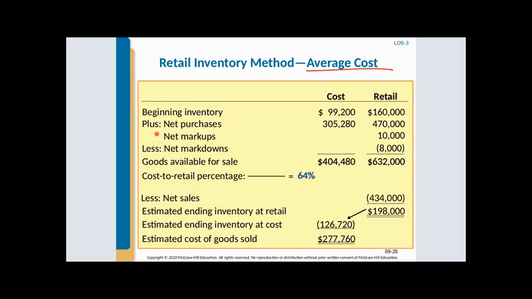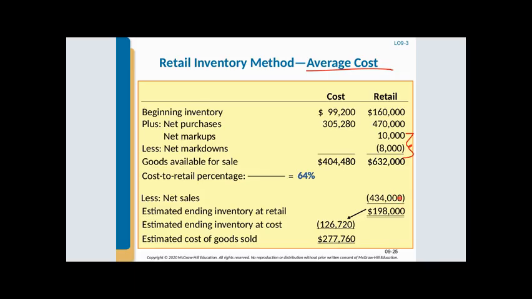So in this case, we're including our net markups and net markdowns in our calculation of the ratio. Note that these net markups and net markdowns are on the retail column, and then we calculate our ratio, and then it's the same calculation.